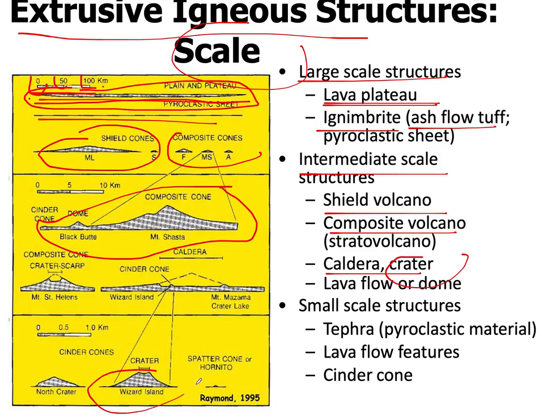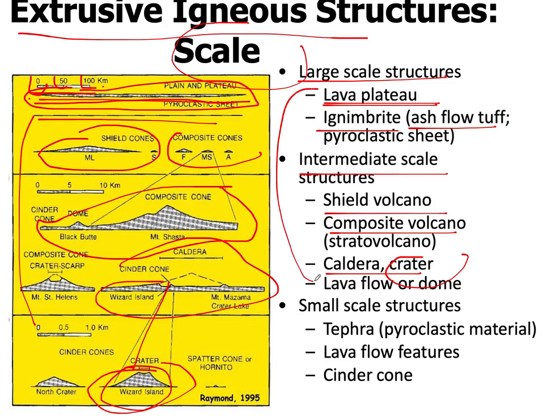So going from large scale to small scale, there are shield cones, then composite cones, and calderas. When you bring it down again, there are craters. It is not important to know all the terms, but this is from large scale to small scale, from lava plateau to cinder cones.